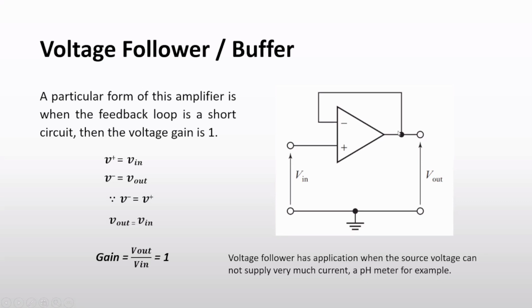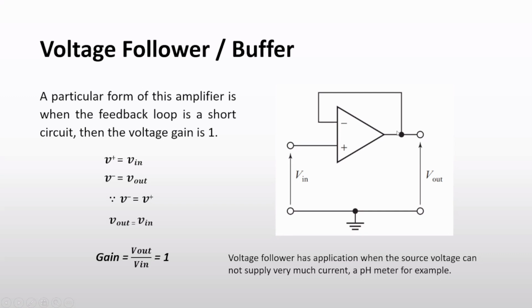So the voltage at the output terminal is the same as the voltage at the inverting input. In this case, when there is negative feedback, the voltages between these two terminals are equal.